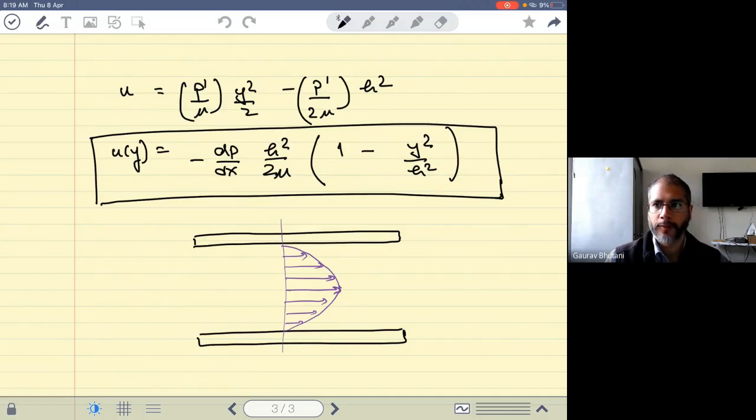So that's the kind of flow profile we'll get between two plates where the flow is driven because of pressure difference.